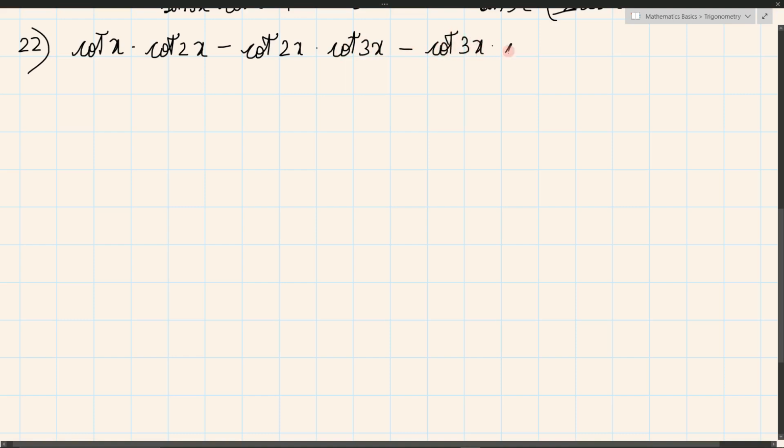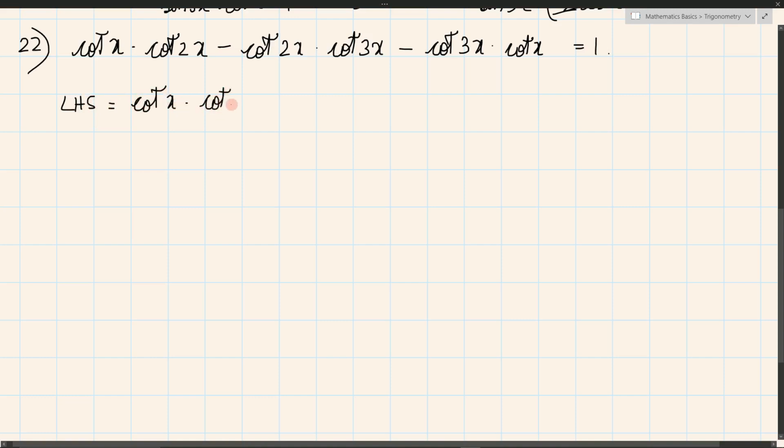Question number 22. So we have cot x multiplied by cot 2x, minus cot 2x into cot 3x, minus cot 3x into cot x is equal to 1. So I'll have LHS is equal to cot x, cot 2x.